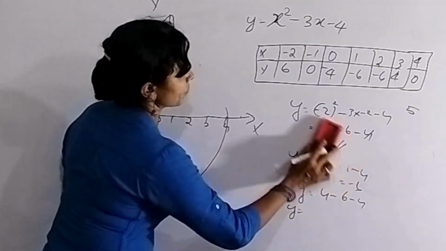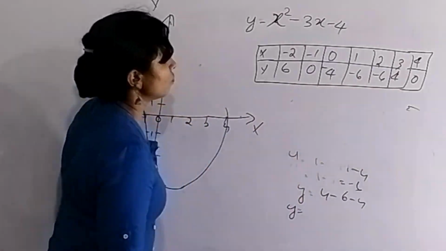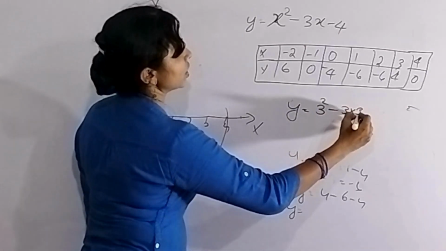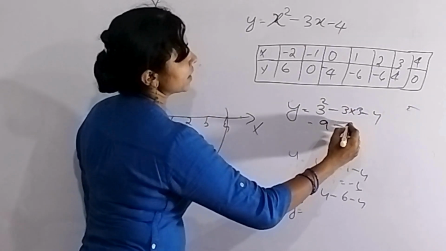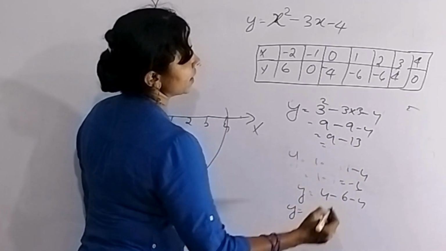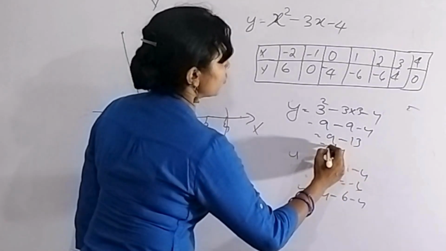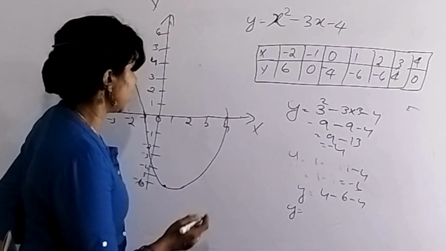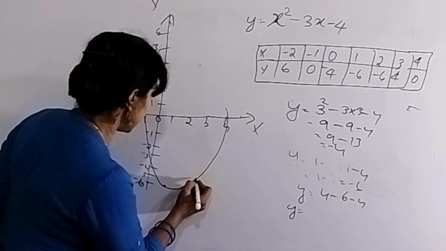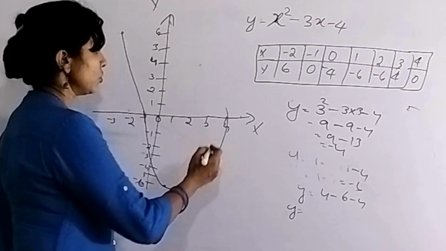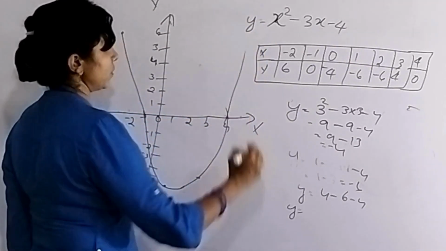You put the value, y is equal to 3 squared minus 3 into 3 minus 4. That is 9 minus 9 minus 4, that is again -4. So when we put the value as 3, the point is here, this -4. I'm plotting the point here. So the graph will be like this, and so on.